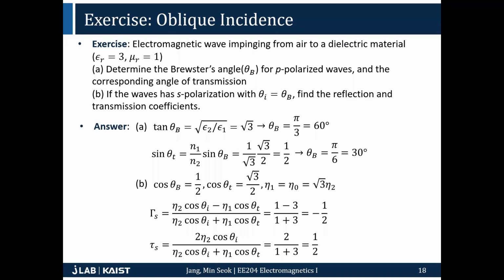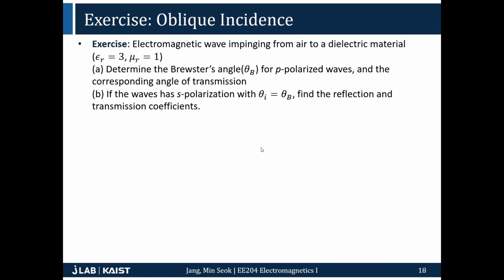And here's a simple exercise. What this exercise asks is a simple situation where an electromagnetic wave is impinging from air onto a dielectric material. Determine the Brewster's angle and the corresponding angle of transmission. And then, if the wave has S polarization at Brewster's angle, find the reflection and transmission coefficients.